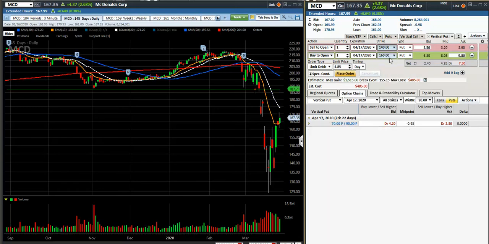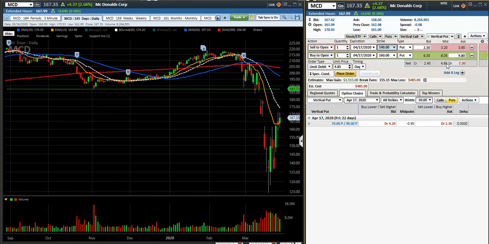So if you buy a 140, it would cost you around a 160 to 140 spread. It would cost you around $485. Compared to the other one, if you buy a straight one, it would cost you nearly 5%.